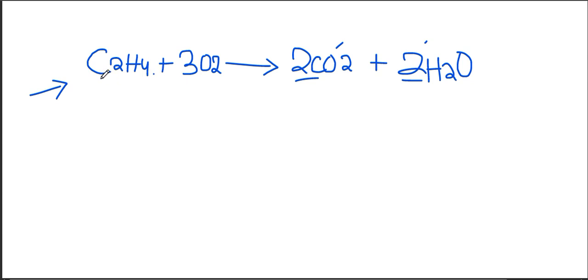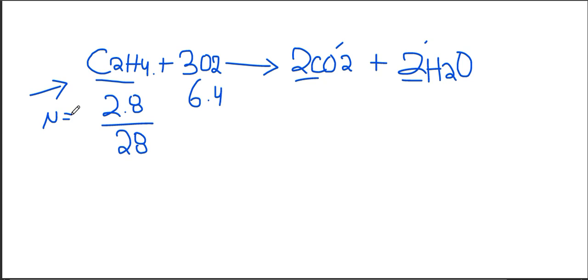Now the given masses are ethene, 2.8, and O2, 6.4. The thing I'll immediately do here is divide them by their molar masses. The number of moles equals given mass upon molar mass.